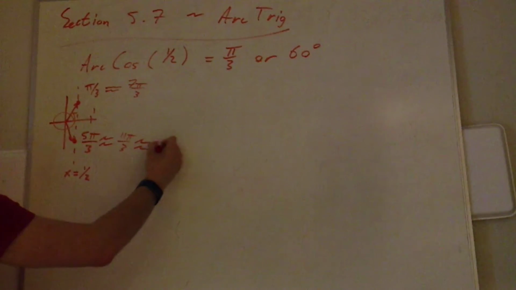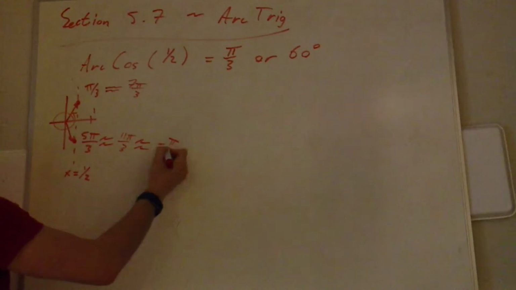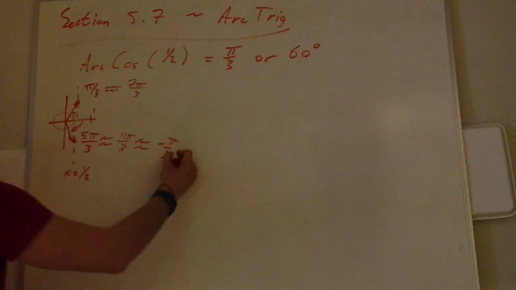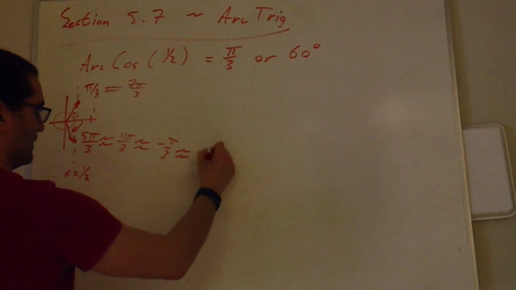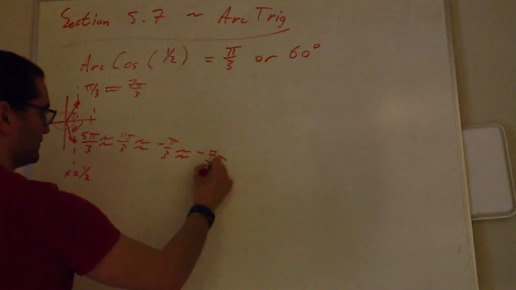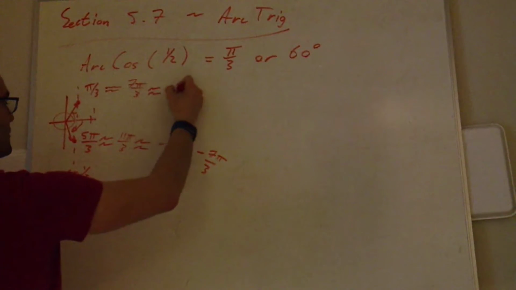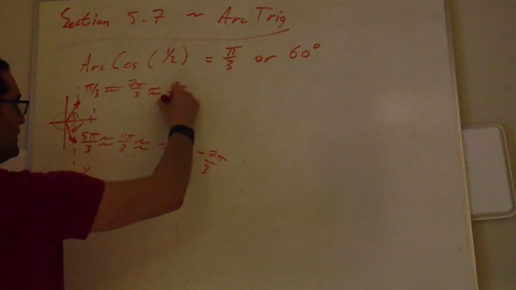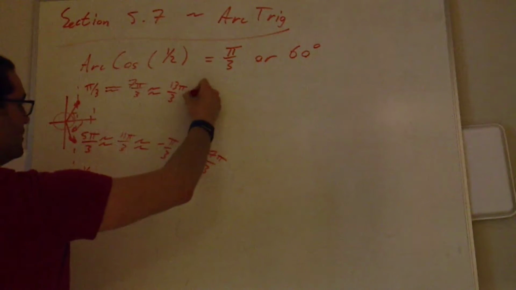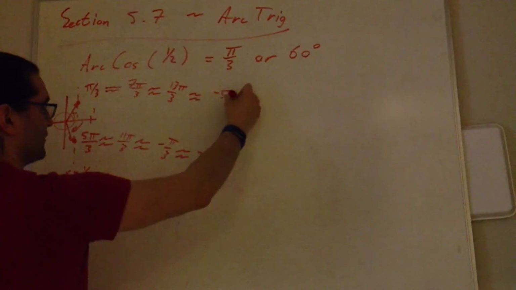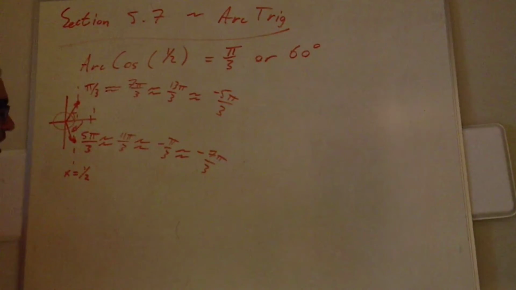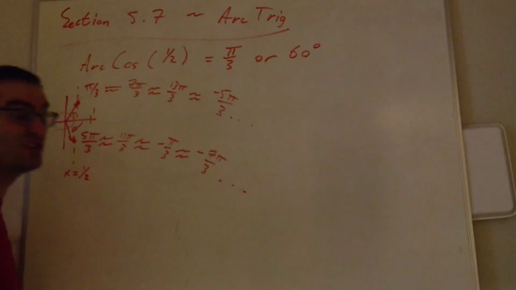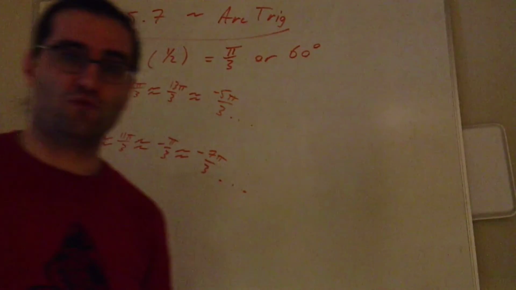It's also coterminal with negative pi over 3. You could just go down here and get that. Also coterminal with negative 7 pi over 3. This one is also coterminal with 13 pi over 3, negative 5 pi over 3. I'm going to say dot, dot, dot, because I could keep doing this for hours, but I don't want to.